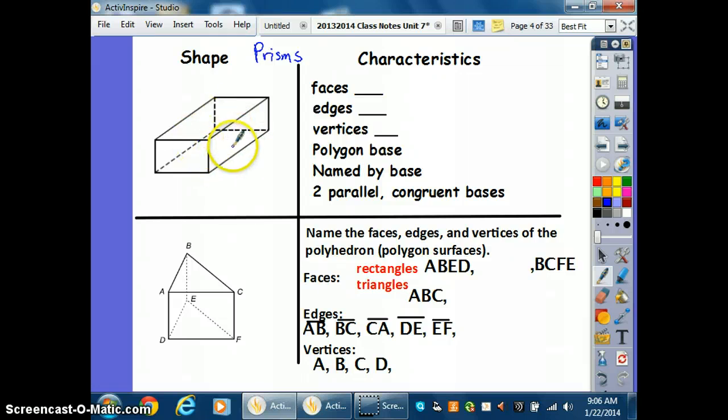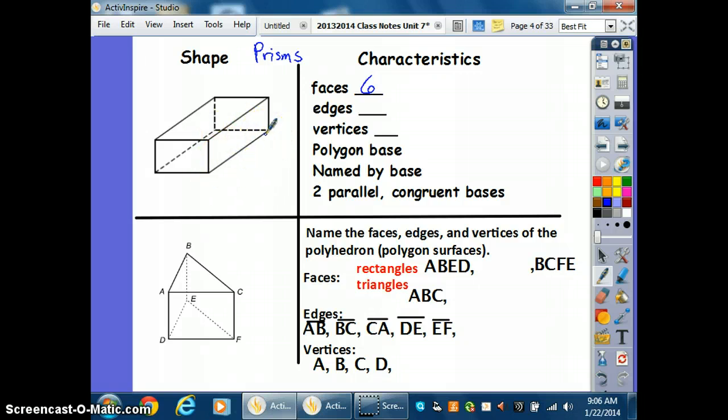A face is what a polyhedron's made up of, polygons. And I think you can see there's 6 rectangles that make up this rectangular prism. There are 6 faces. Now where a rectangle meets another rectangle, this is called an edge. So the bottom rectangle meeting this side rectangle, that's this edge.